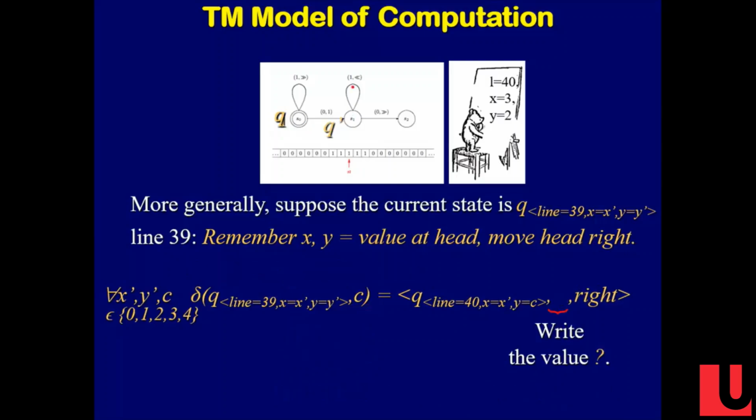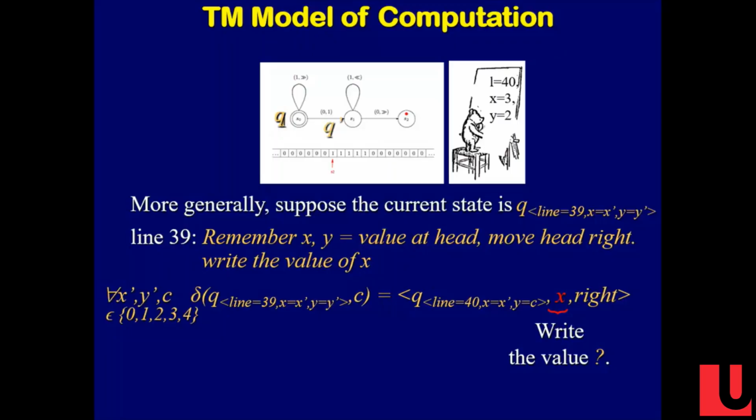Now, let's change the code. Line 39 is going to take the value that's on the head into Y, and simultaneously, it's going to write the value of X. So we just put an X there. Yeah, so I'm stretching things.